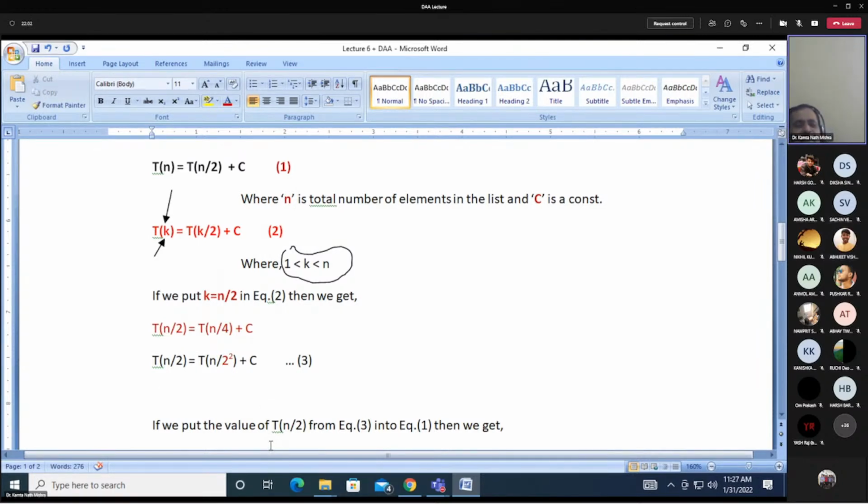Either I say T(n/4) plus C, or I can say T(n/2 square) plus C. So this is equation 3. This is your equation 3. Equation 3 is T(n/2) equals T(n/2 square) plus C.